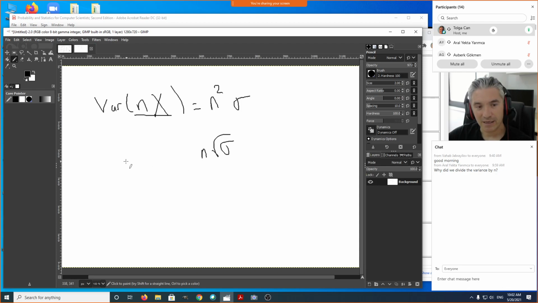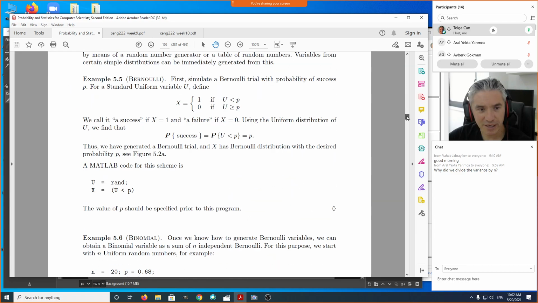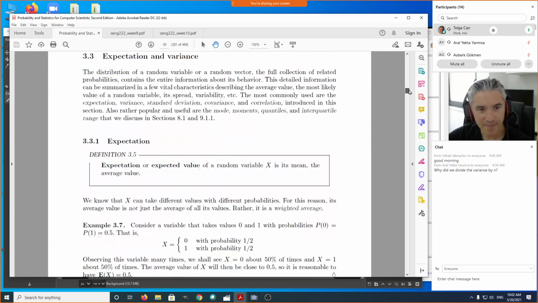And since we are going to be dividing again this, let me just show you the third section again, this table quickly.